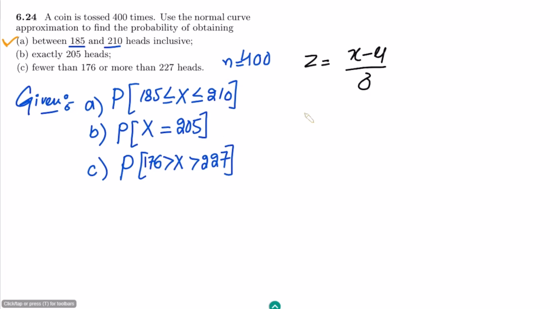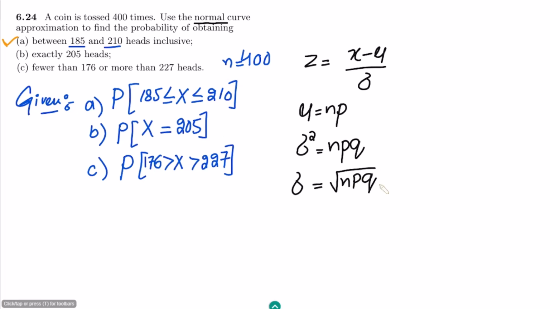So now the value of mu for the normal distribution, as the probability given is the normal distribution, is NP, and the value of sigma square or variance is NPQ, while the standard deviation is the square root of it, so therefore it would be square root of NPQ.